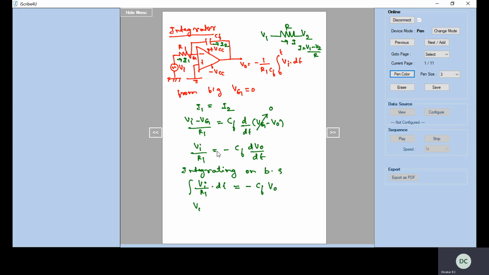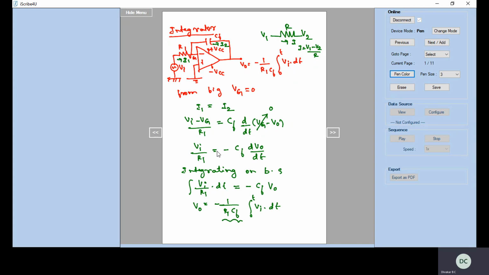Therefore, the output voltage is V0 equal to minus 1 by R1 CF times the integral from 0 to T of Vi dt. The output voltage is directly proportional to the negative integral of the input voltage and inversely proportional to the time constant R1 into CF. R1 into CF is called the time constant.